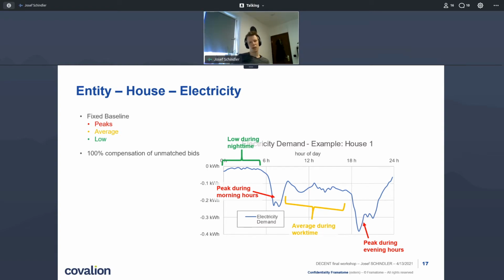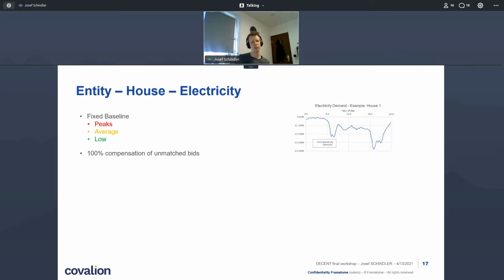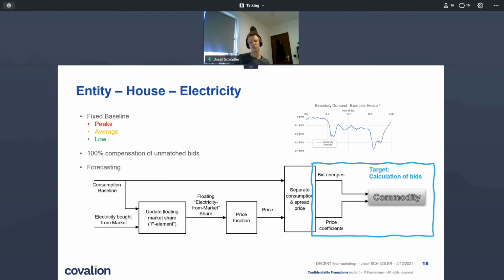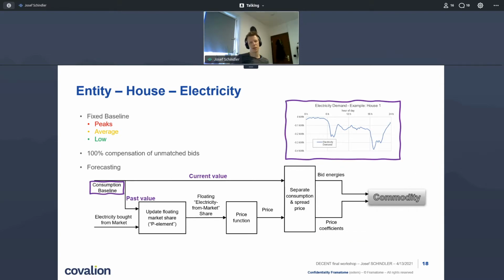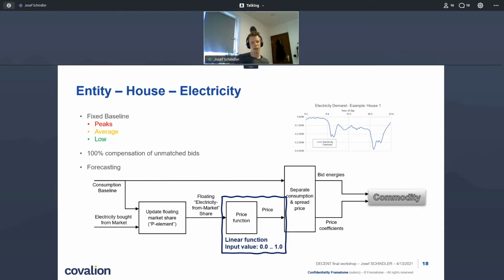As explained before, houses need to compensate all the unmatched bids because they are not flexible, or they have fixed demands for heat and electricity, and the forecasting would then look like this. The outcome is the bids for the commodity, and as an input value we have the consumption baseline, which is then calculated to a price, and of course the amount of energy.